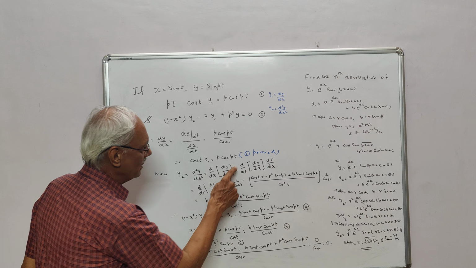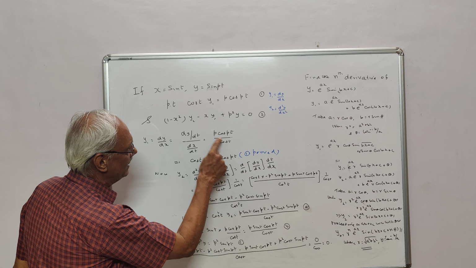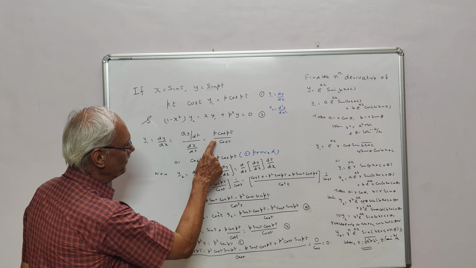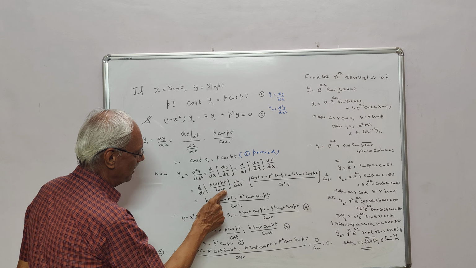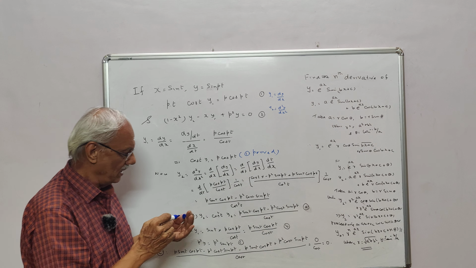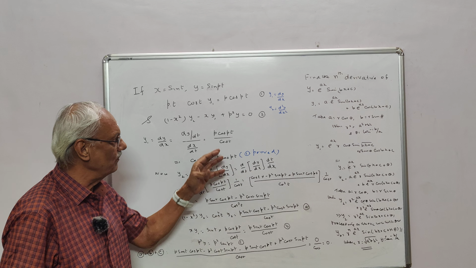Okay. So d by dt, I write it here. What is dy by dx? p cos pt divided by cos t. I don't want to write more on this, so just follow me, you will understand.